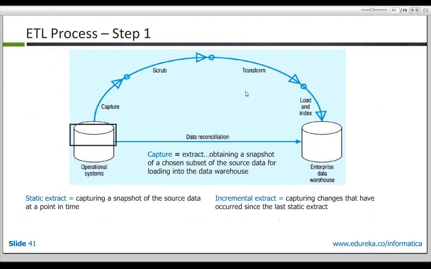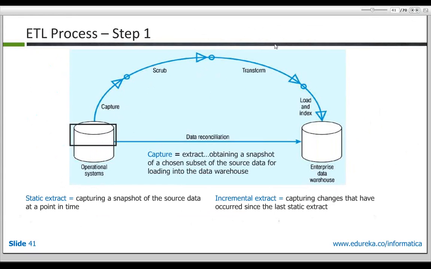In the extraction process, there could be two methods: static extract, capturing a snapshot of the source data at a given point in time; and incremental extract, capturing only the changes that have occurred since the last static extract.